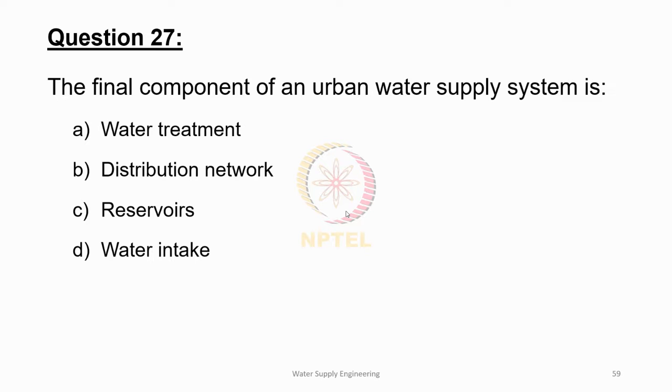Sorry. Okay. So, coming back to our question, the final component of an urban water supply system is, which among them is the final component? Okay.